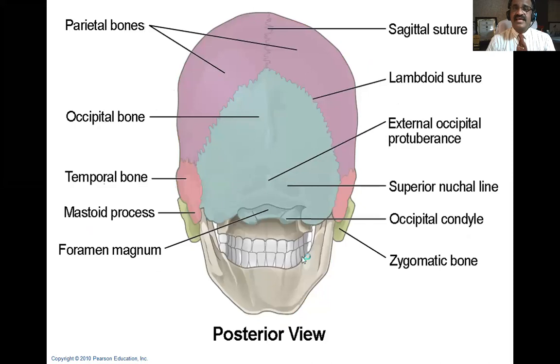The same skull, if you see from behind, you can see the posterior bones. The main bone is the occipital bone, and you can see parts of the parietal bone, and this is the back side of the jaw. So you can see the teeth. Don't consider that teeth are also present on the back, because it's a tilted skull which is showing you the posterior part of the mandible and the posterior part of the teeth.